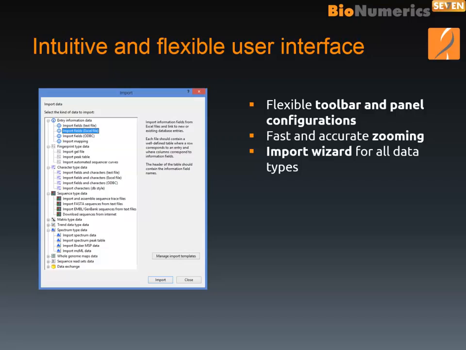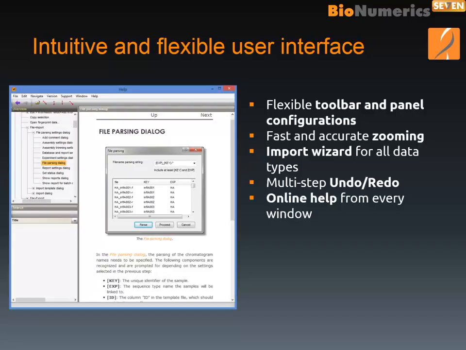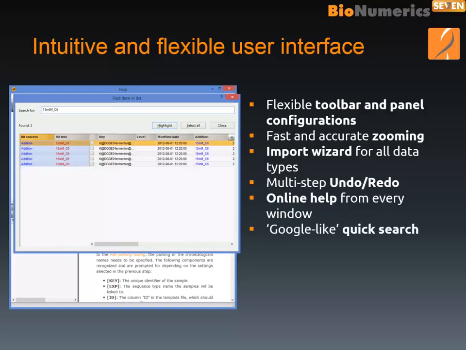As such, BioNumerics is now even more a central tool to manage, combine, and compare all laboratory files and results in one single environment. New to the software is the much appreciated multi-step undo and redo functionality, the online help repository with details on algorithms and explanation on how to use the software, and the fast text-based search to quickly find what you're looking for.